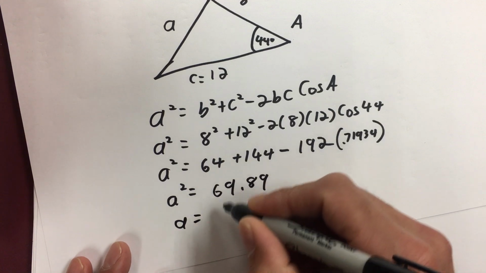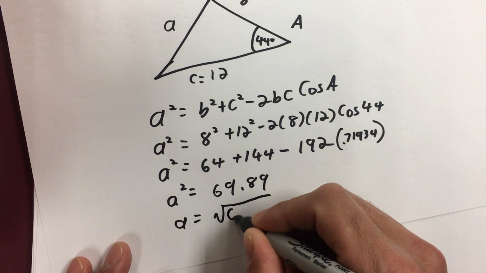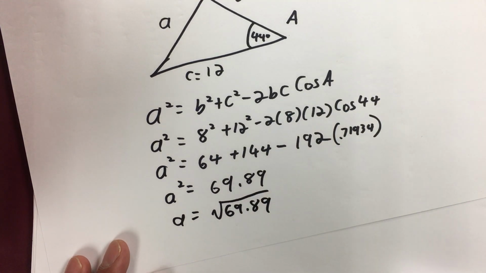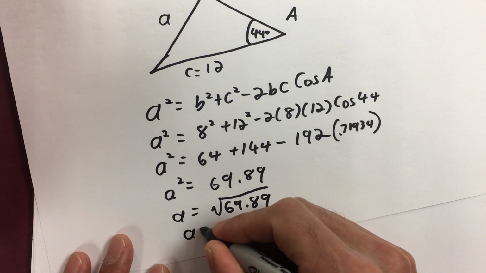So that makes A equal to the square root of 69.89, which is 8.36.